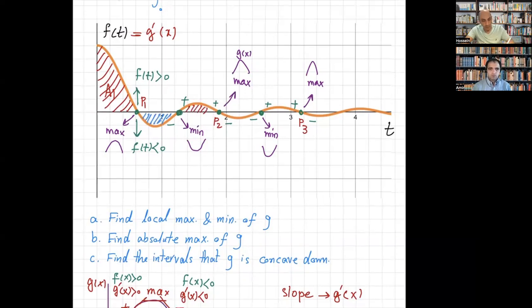I'm going to call this area A2, and this area A3. I use different colors because this area is under the t-axis, so it's negative and will be subtracted from A1, and this area is positive, so it will be added.